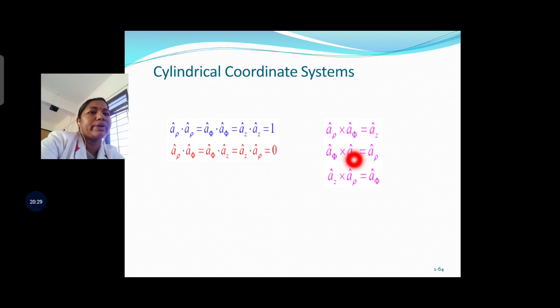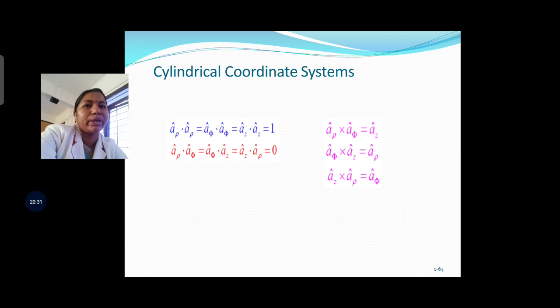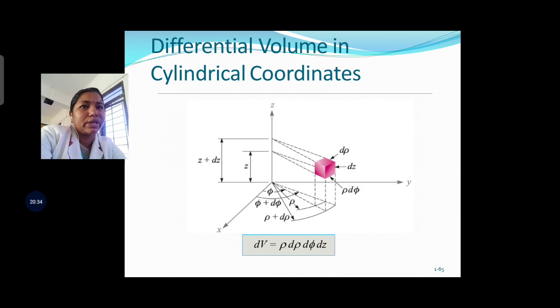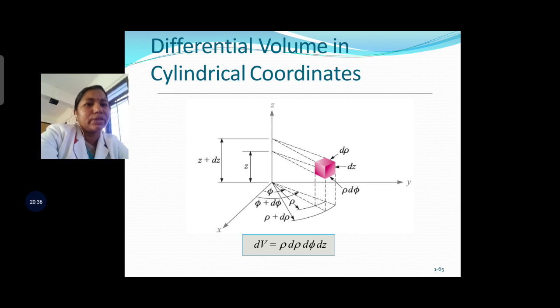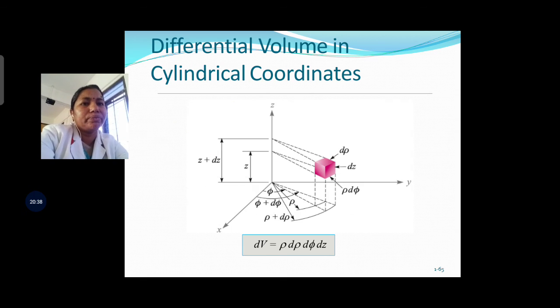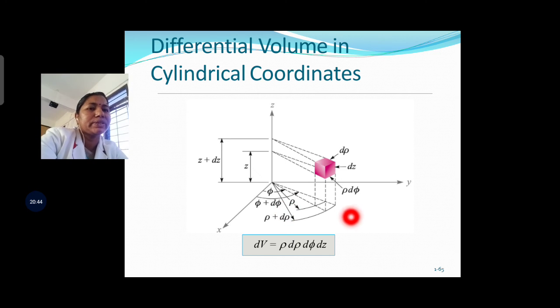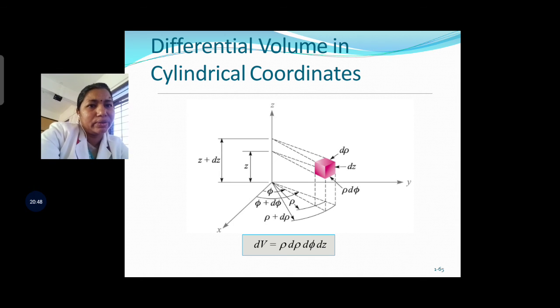This is for the dot product, and this is for the cross product. So keep this in mind for the cylindrical coordinate system. Here also we have the differential volume element: rho d rho d phi dz. Extra we have only one term, rho.